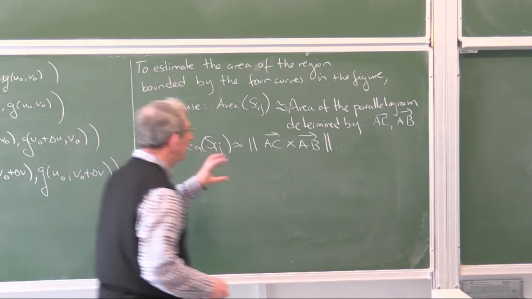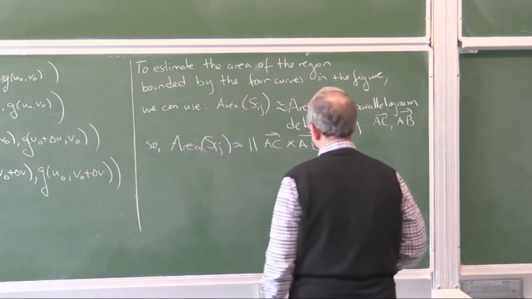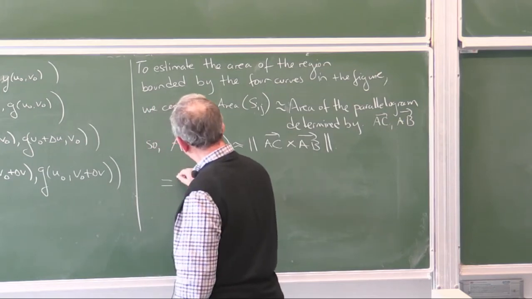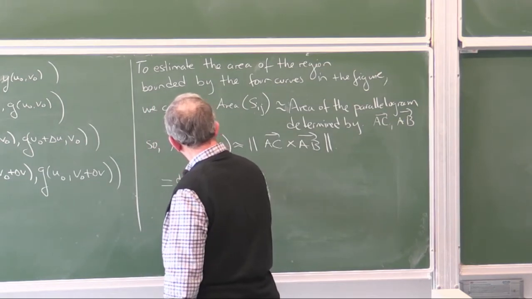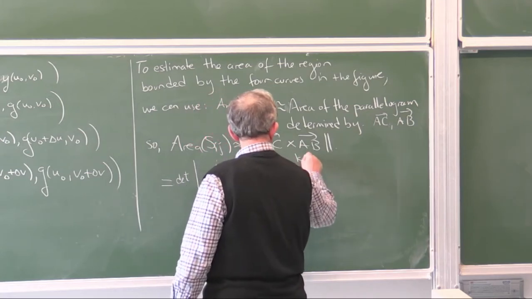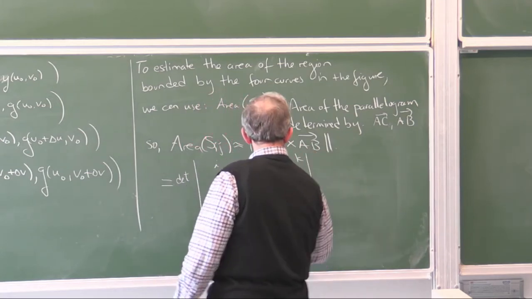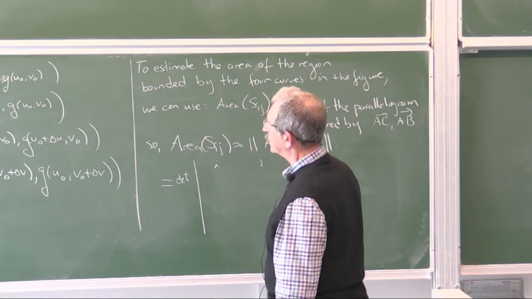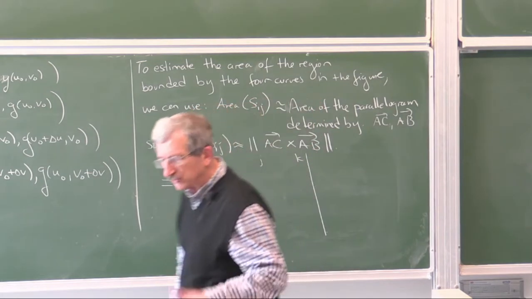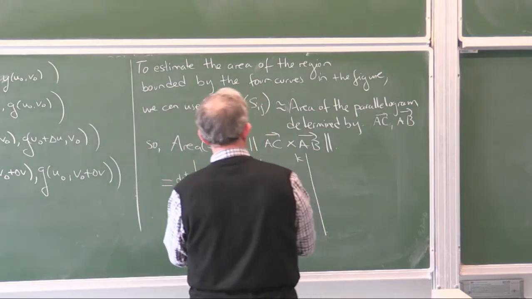Now, let us write down what these things are. Namely, this is actually the determinant of i, j, k. Maybe I should do some economy here.